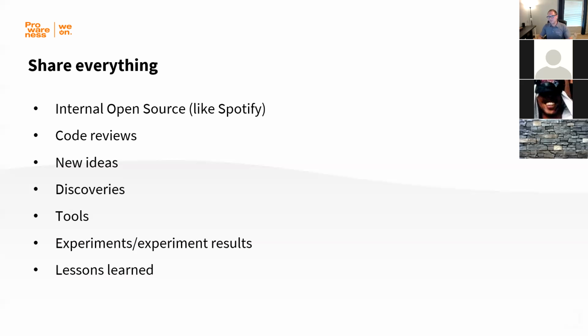And that internal open source model really sped up value delivery because there was no more time wasted on waiting on other teams and lots of communication overhead and scrums of scrums where you need to escalate things. You don't really have that if there's an open model of collaboration.